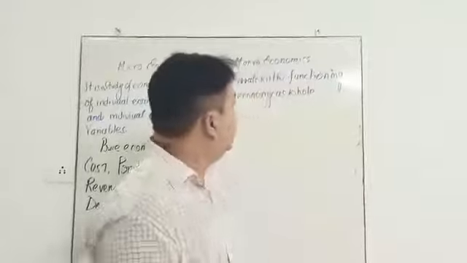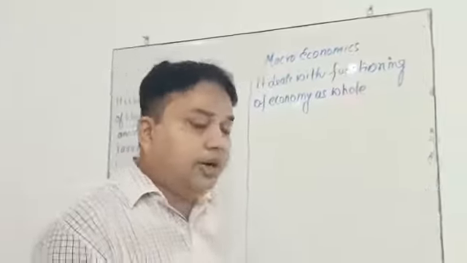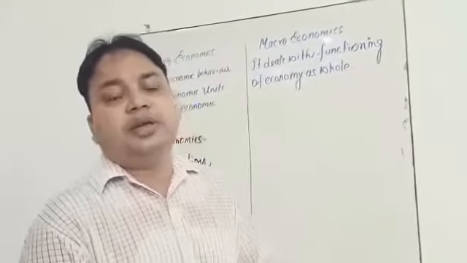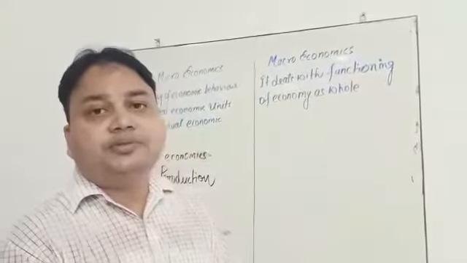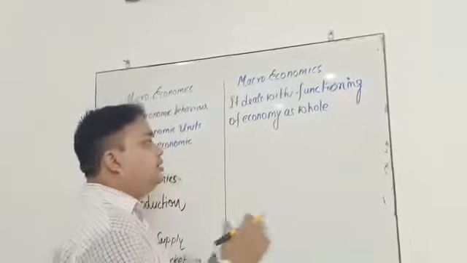Now come to macro. When we talk about macroeconomics, we are talking about the functioning of the government as well as the country. What is the role of government and country?